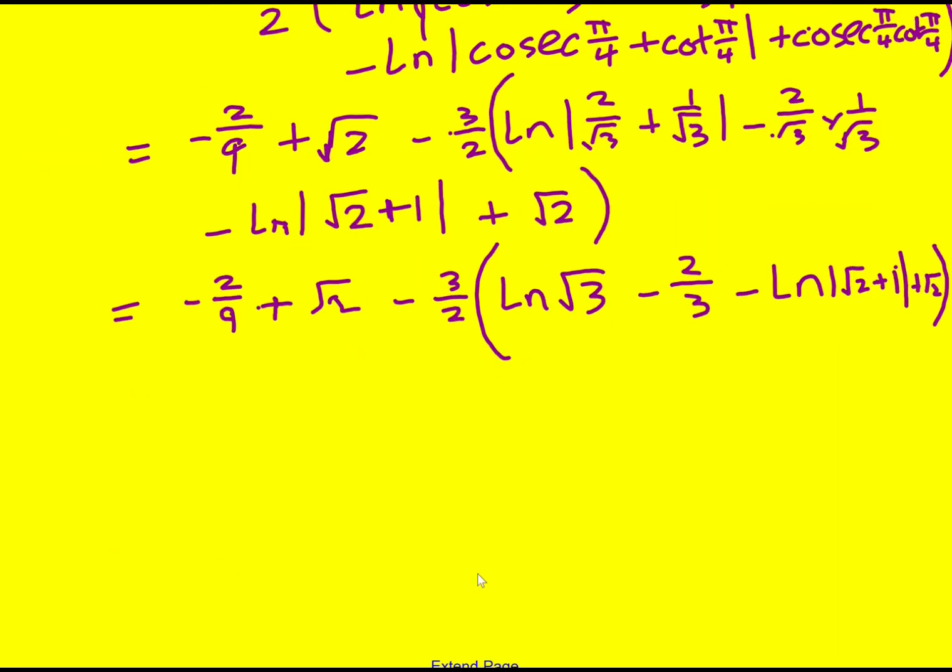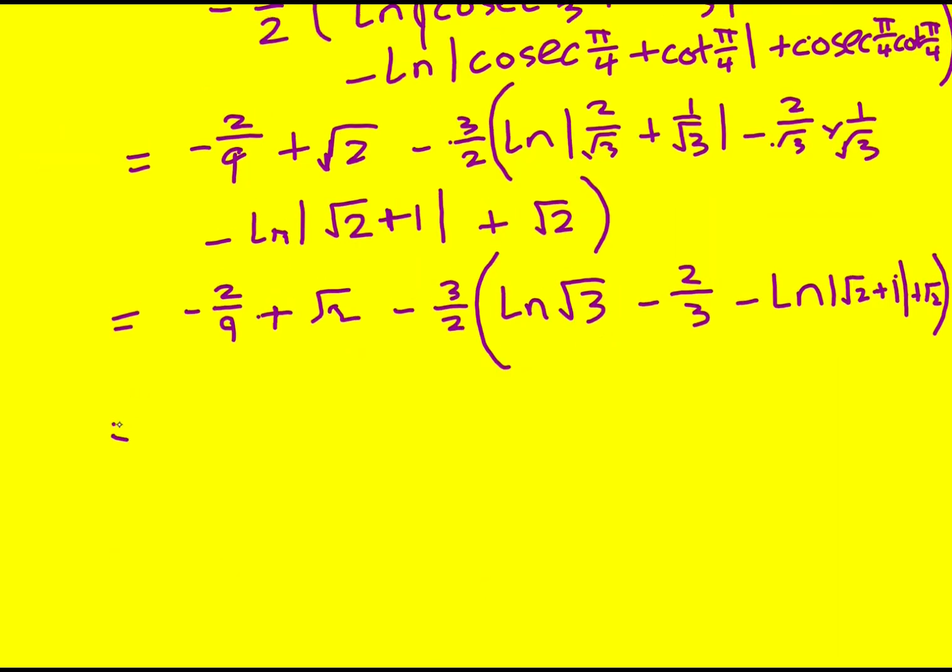Okay, so this is equal to minus 2 over 9 plus root 2 minus 3 over 2. I can bring the lns together. So it'll actually be ln of root 3 over root 2 plus 1. And this is necessarily positive, so I can just ignore the modulus.